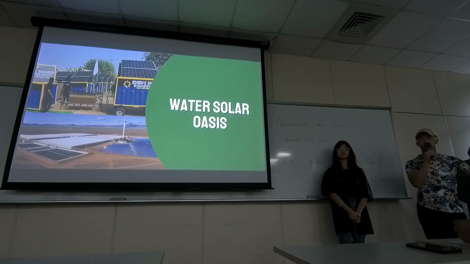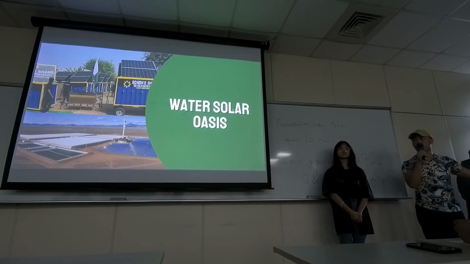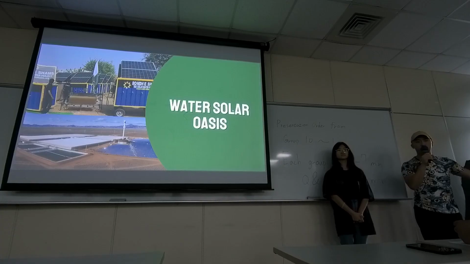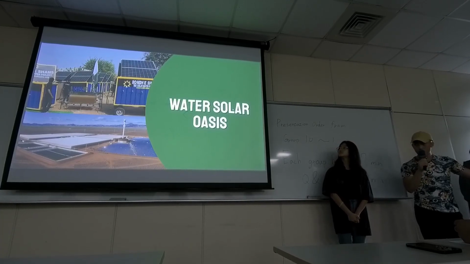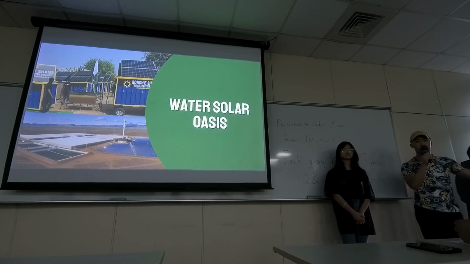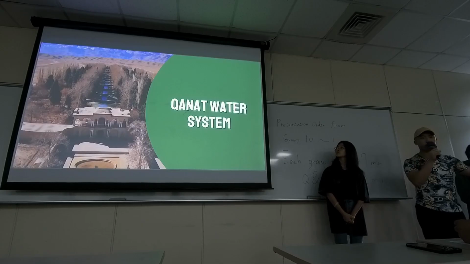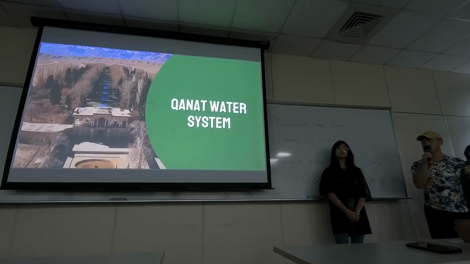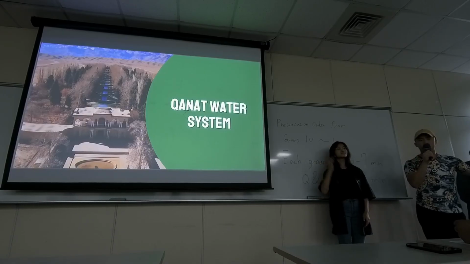And they use this power to run the water pumps that can distribute water to nearly everywhere. This method is not only very effective but also very efficient and cost friendly because it does not involve any human operation. The next one is the canal water system, which is applied in the Middle East. We all know that there are several drought seasons in the Middle East.